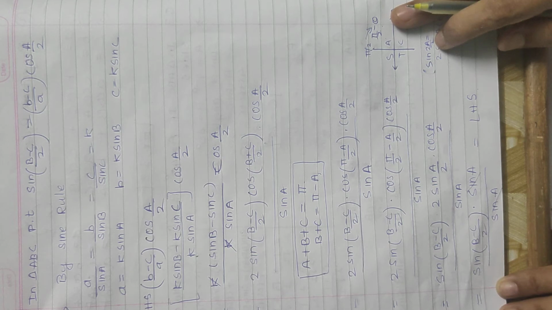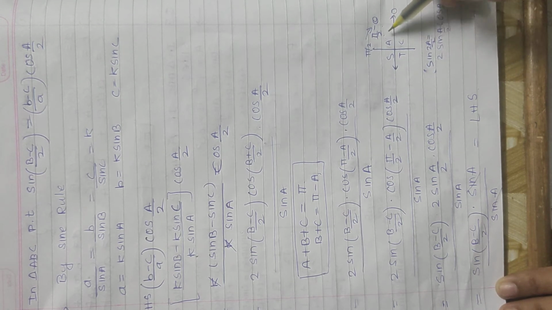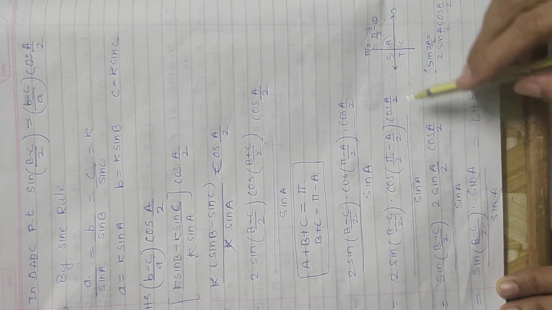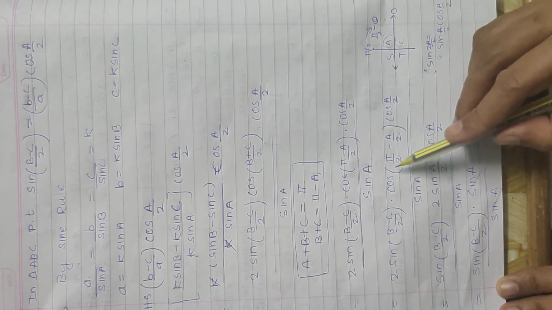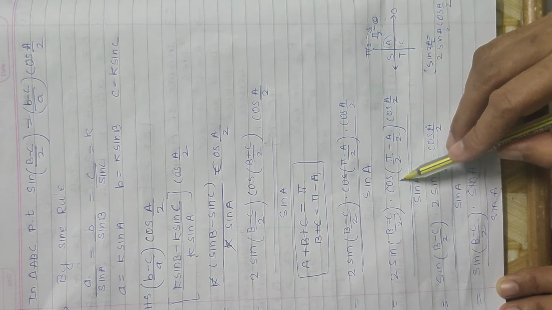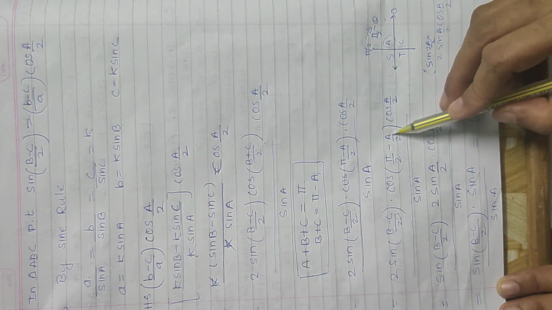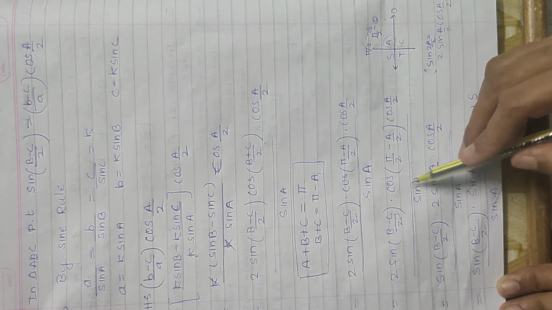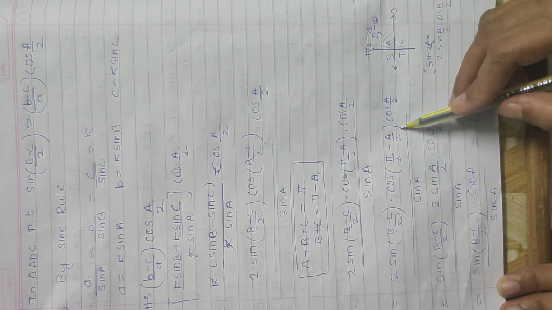Now in the first quadrant all the trigonometric functions are positive. So when we write here, cos will change to sine. So sine A/2, and since all are positive, it is plus sine A/2.